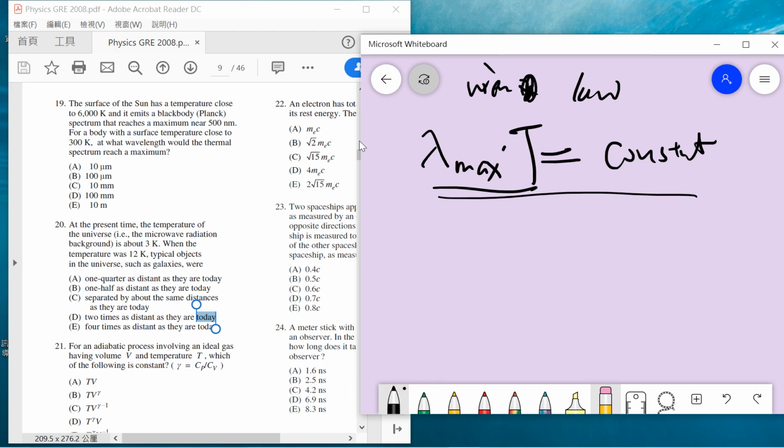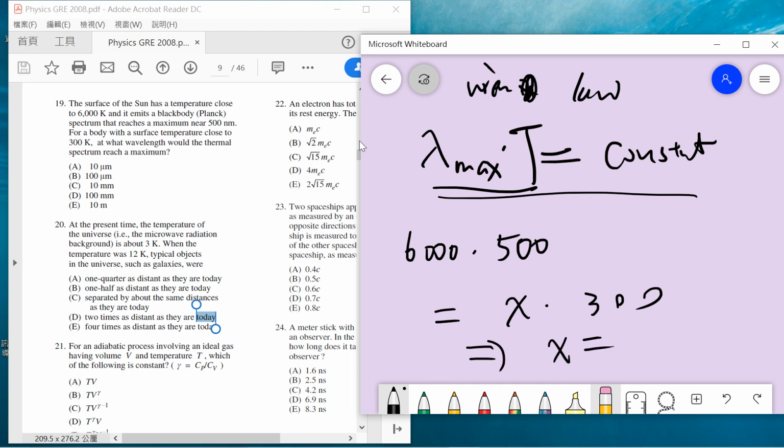So we have 6,000 times 500 equal to something times 300.